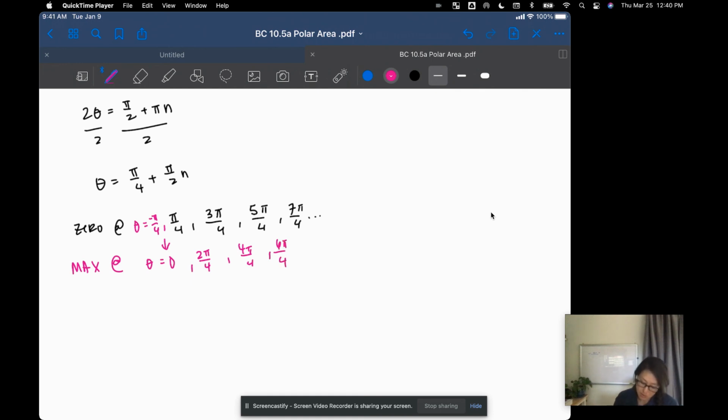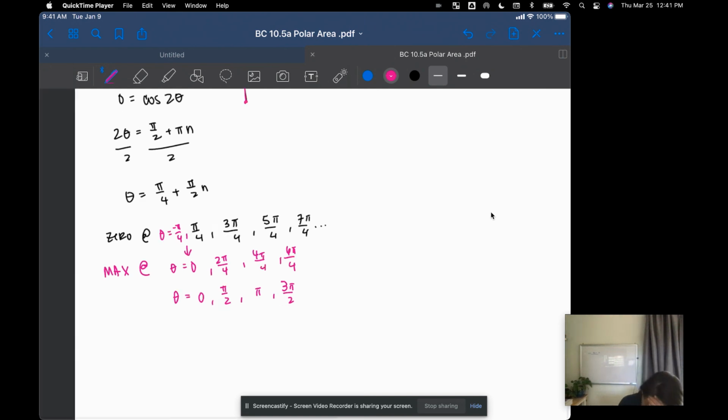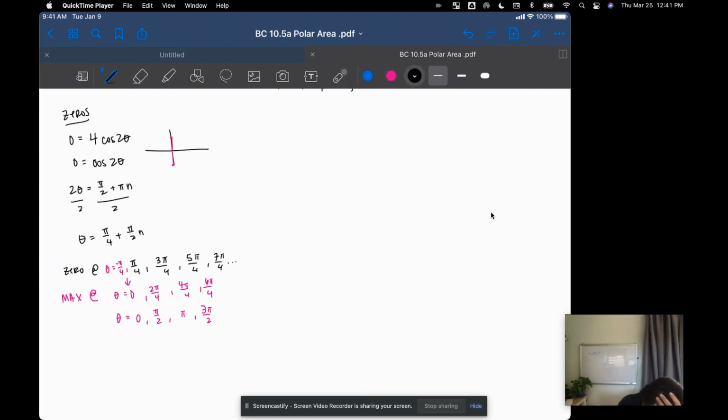And I know those reduce, so theta is equal to 0, pi over 2, pi, 3 pi over 2. When I graph this, it's going to be like a rose. At 0, I'm going to have a max radius of 4. At pi over 2, a max radius of 4. At pi, a max radius of 4. And at 3 pi over 2, a max radius of 4.